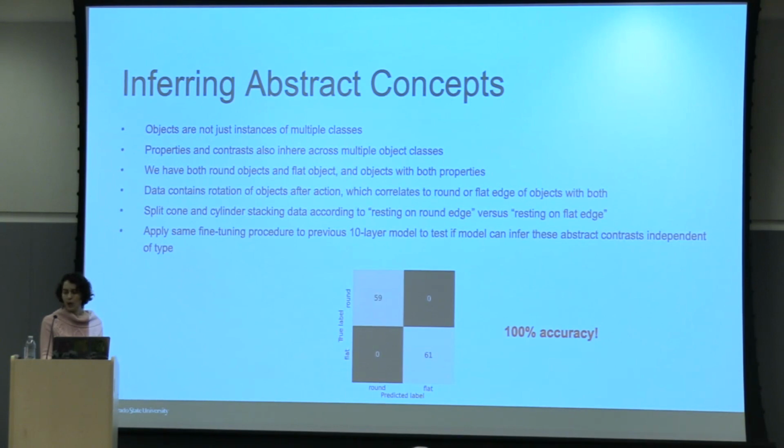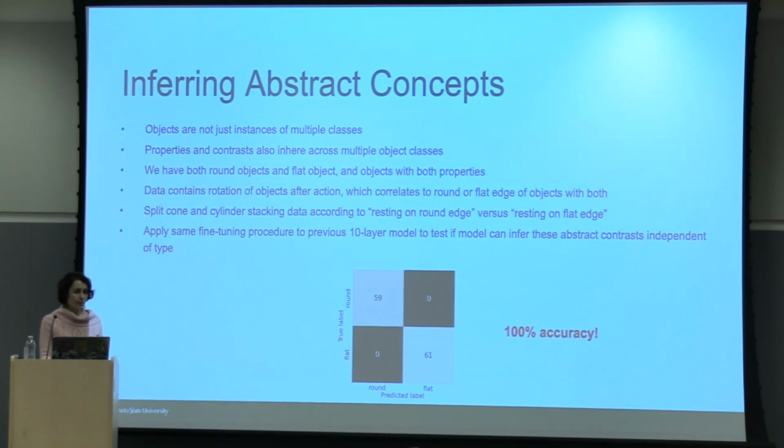We use our transfer learning approach to make inferences about abstract properties such as flat and round. For this, we split our cone stacking and cylinder stacking data based on resting on the round edge and resting on the flat edge.